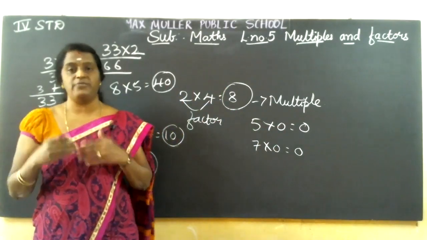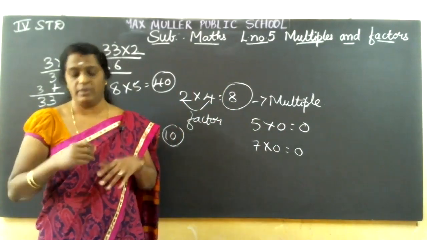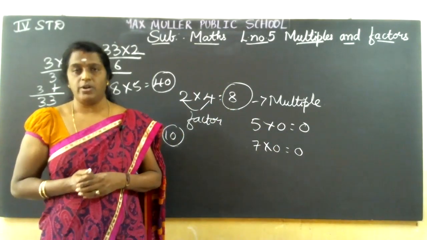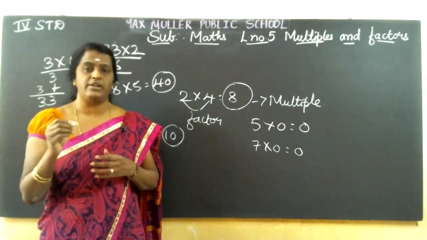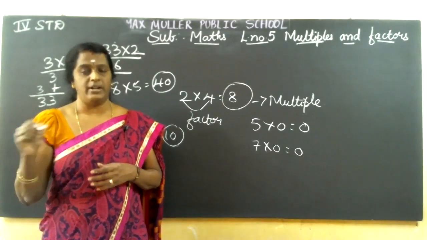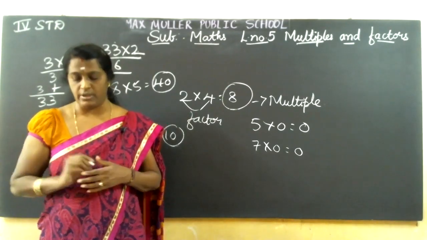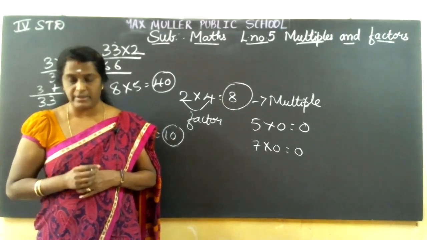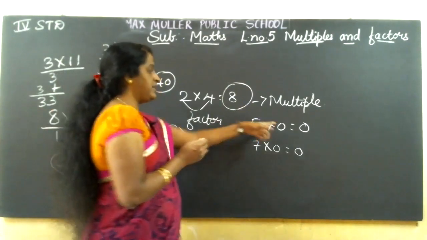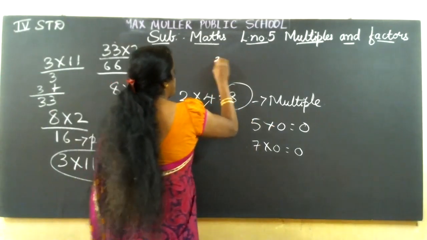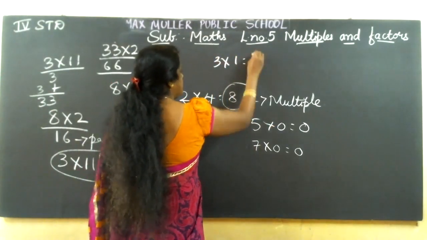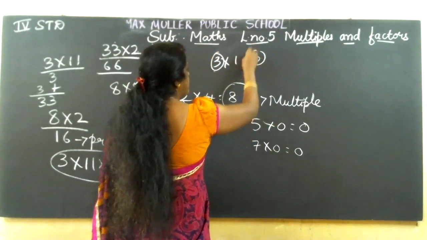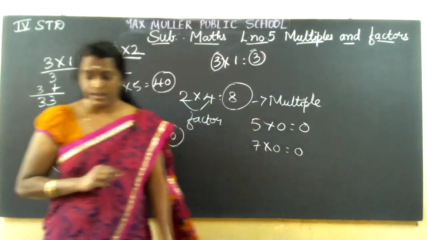Every number is a multiple of 1: 22 into 1 is 22, 243 into 1 is 243, the same number. The first multiple of every number is the number itself.